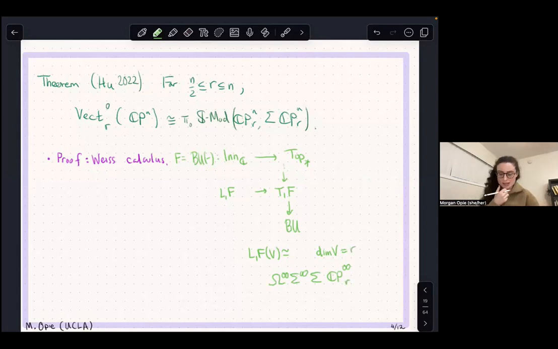So what this tells you is if you're trying to build a map into BU(R) by mapping iteratively into the stages in this tower, you start with a zero map here, then you go to lift it here. And because you have something that's trivial, you're able to lift here.